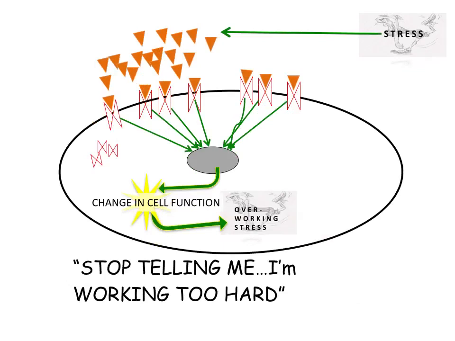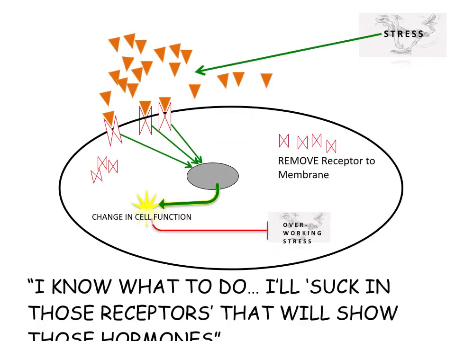This change in cell function leads to an overworking stress within the cell itself. In an attempt to get the cell itself back to homeostasis, the cell will remove membrane receptors in an attempt to diminish the amount of hormone-induced response that it's having.